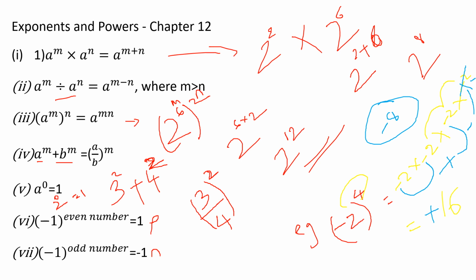Then a power 0 is equal to 1. Then minus 1 the whole power even number is equal to 1, and minus 1 the whole power odd number is equal to minus 1. An even power means the answer will be positive, and an odd power means the answer will be negative.